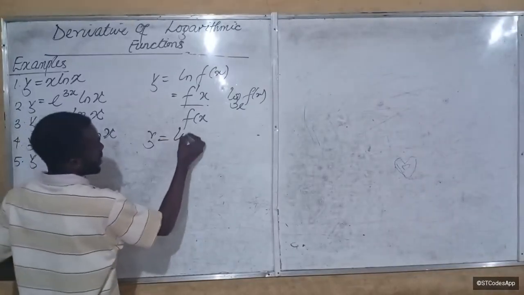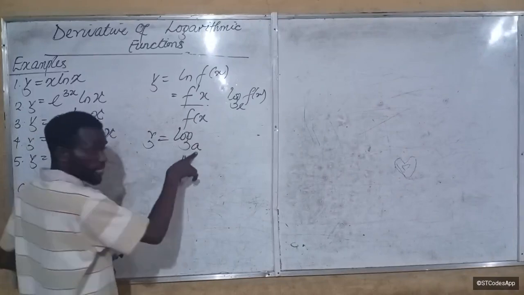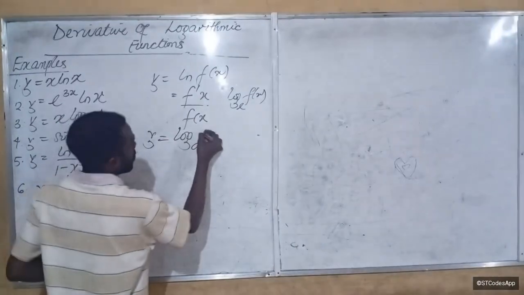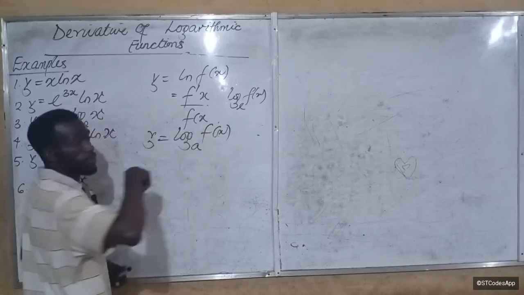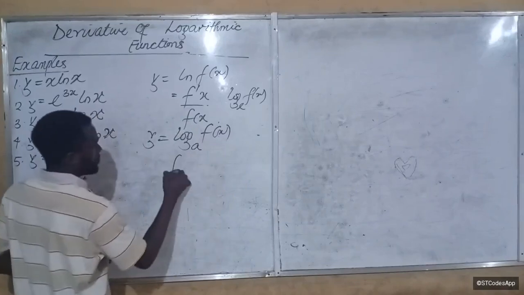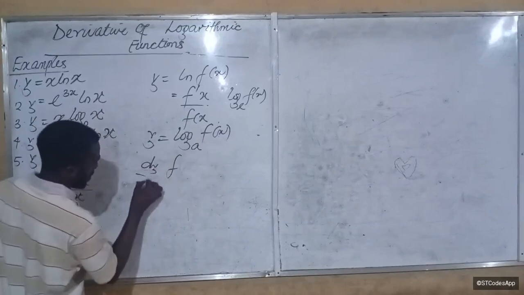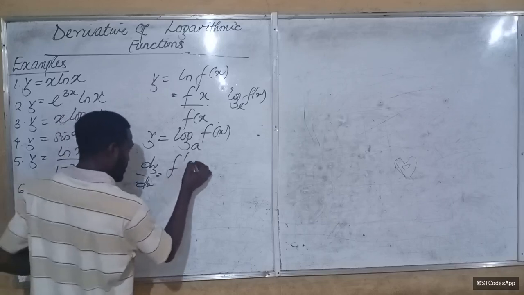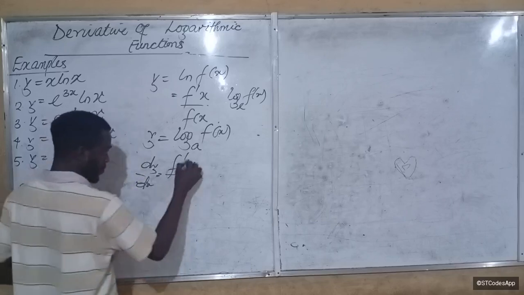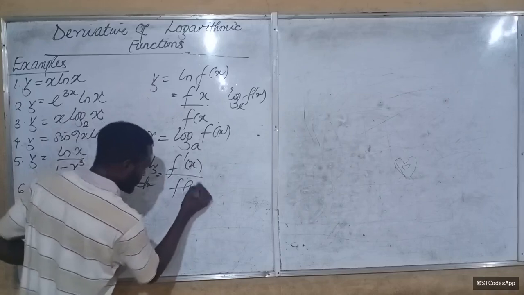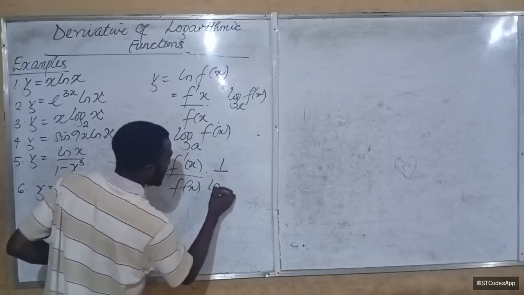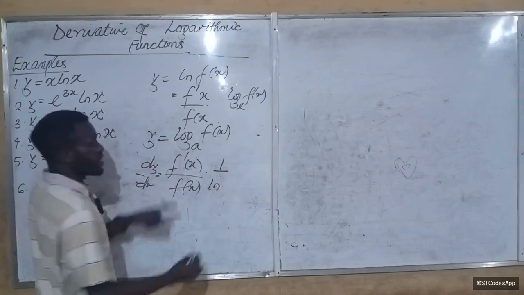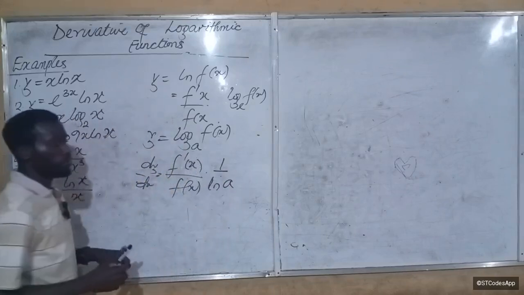So what if you have log to a particular constant base of a function f of x? In like manner, dy dx will be the derivative of f of x over the function f of x itself, multiplied by 1 over ln of your base, the natural log of your base.